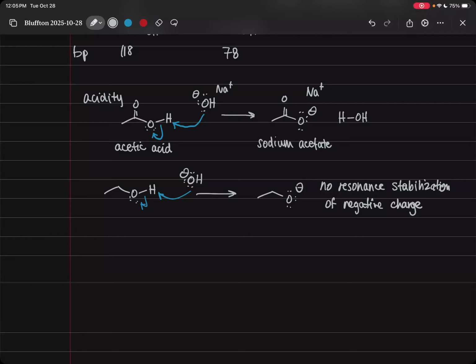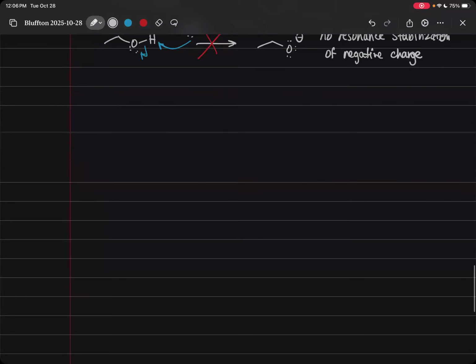It doesn't have anything else to share that electron density with. And because of that, you actually can't use sodium hydroxide or a hydroxide base to deprotonate ethanol. That reaction doesn't work. But you can do it with a carboxylic acid like acetic acid.